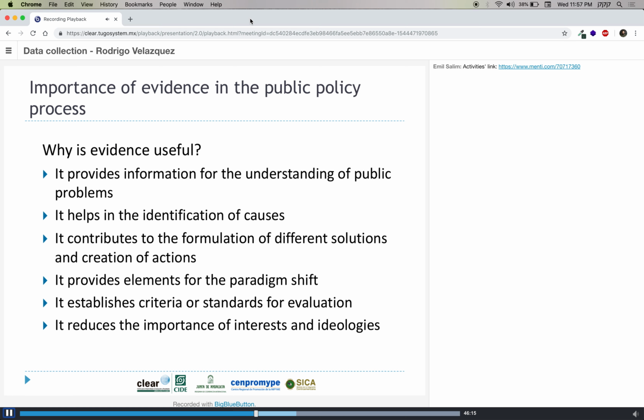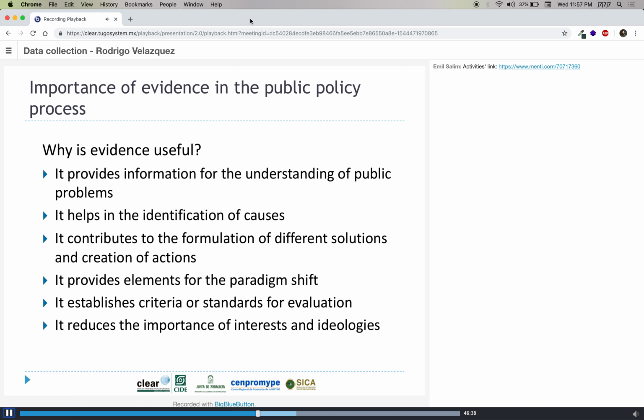And in this way, we're going to be able to implement government actions to understand this in a better way. If this evidence is not analyzed in a systematic way, and if it lacks some requirements, then of course it is going to be very difficult to understand the problems.